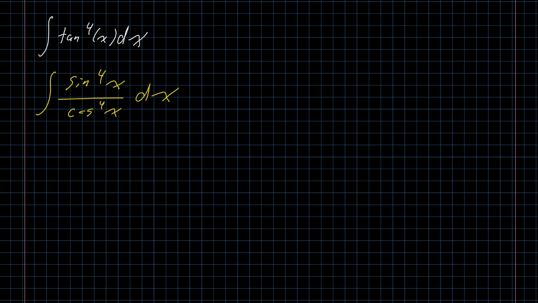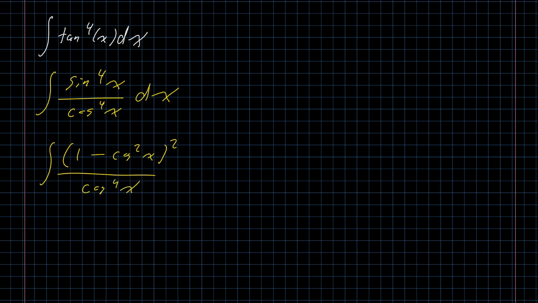You've got sine and cosine both raised to an even power. I guess the first thing that I would do here is rewrite the sine in the numerator as 1 minus cosine squared, squared.